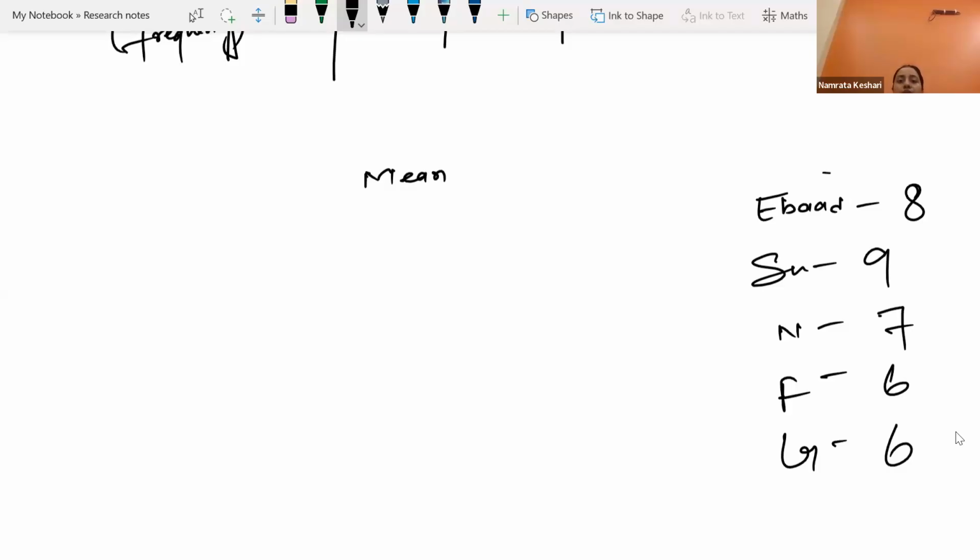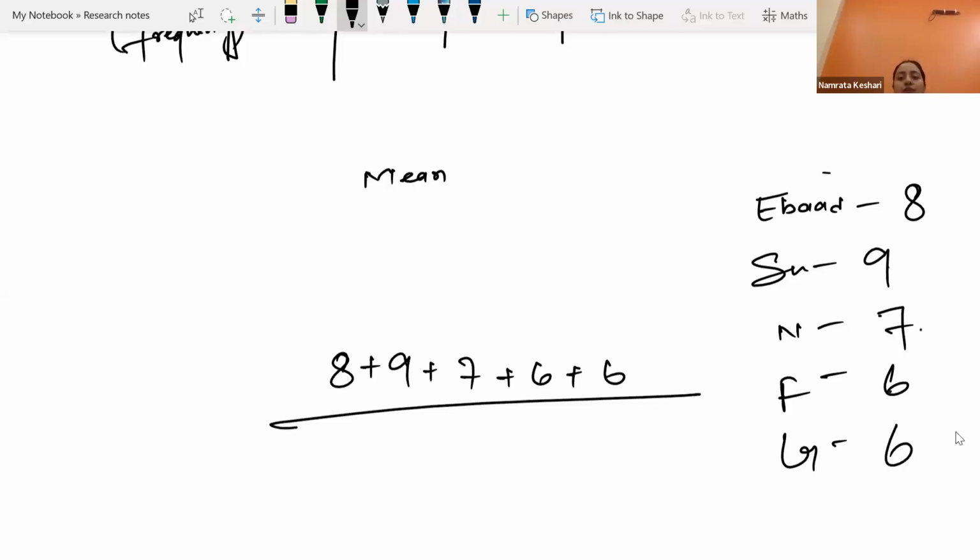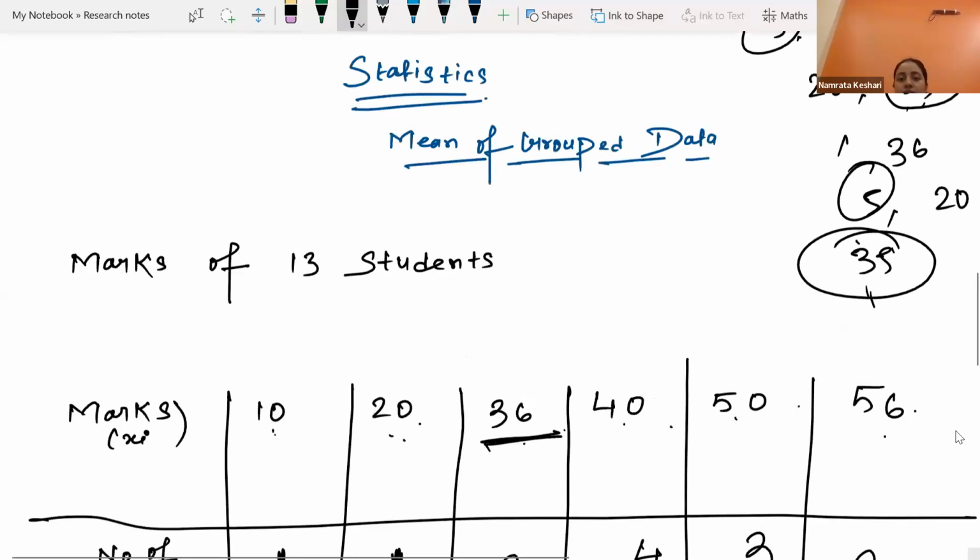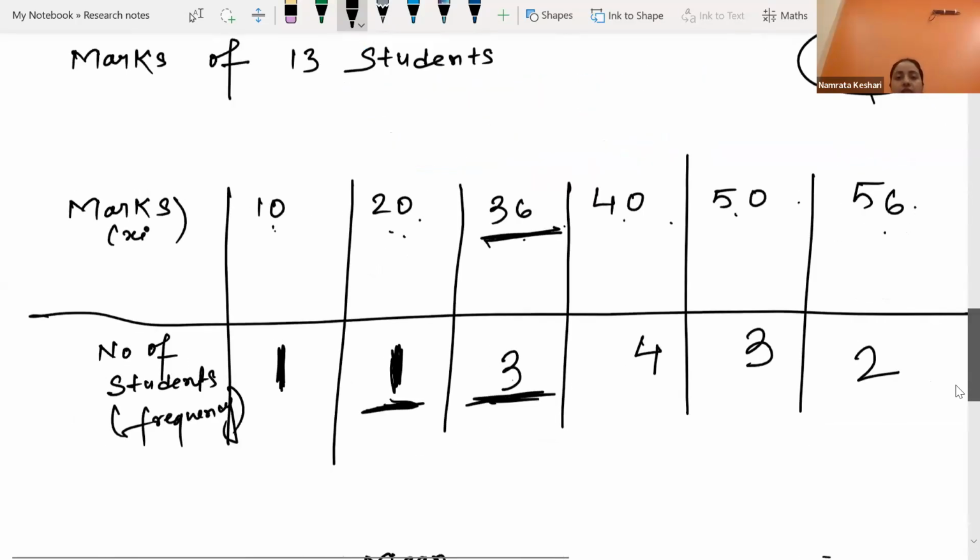Now if we have to find the mean, what will we do? 8 plus 9 plus 7 plus 6 plus 6 over 5. This is how you used to find the mean, right? Yes, ma'am.